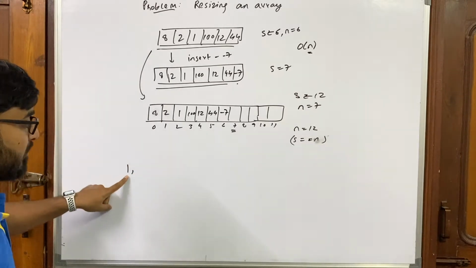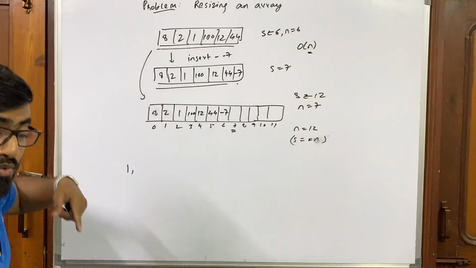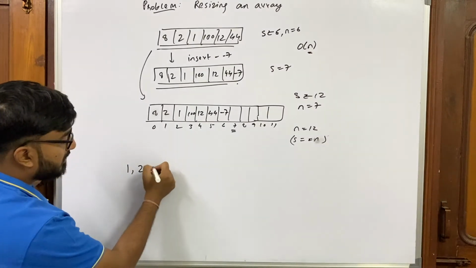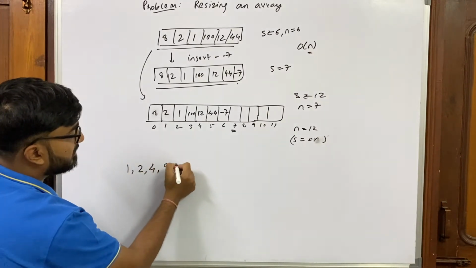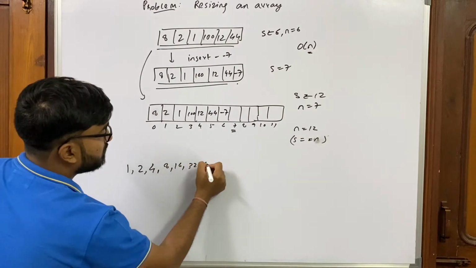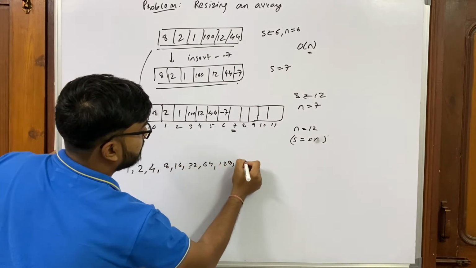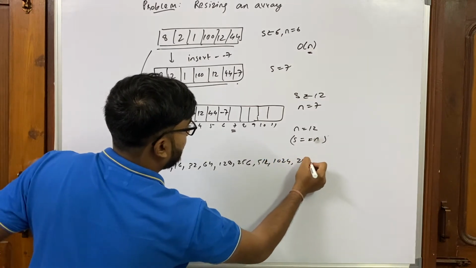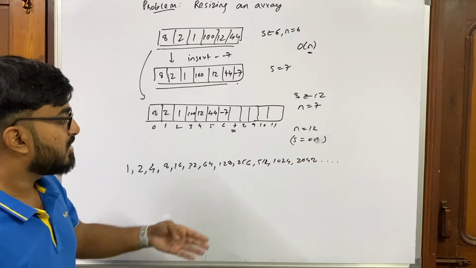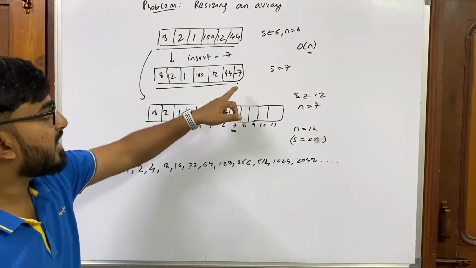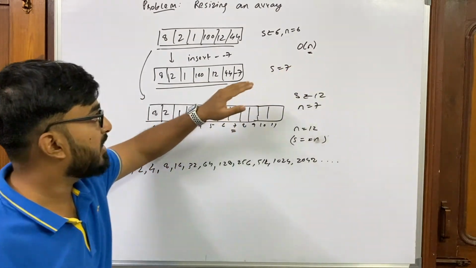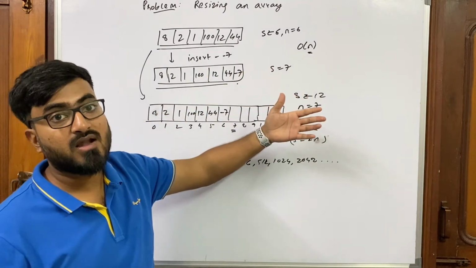When the array becomes full, that is when you add the first element and then you want to add the second element, you double the size to 2, then 4, then 8, 16, 32, 64, 128, 256, 512, 1024, 2048 and so on. This is much faster than adding one extra location, which takes O(n) time, and doing that every time you want to add a new element.